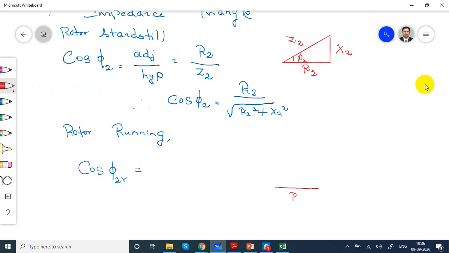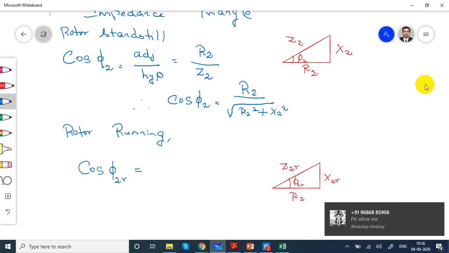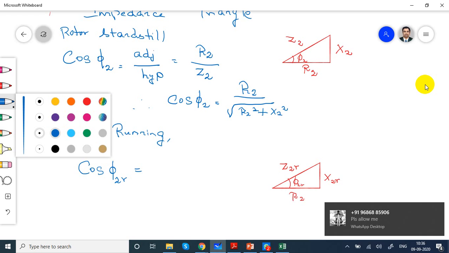The bottom is R2, this is Z2R, this is X2R. The angle is phi 2R.